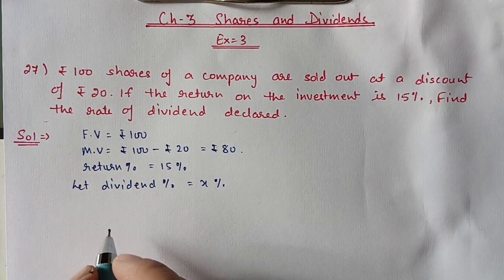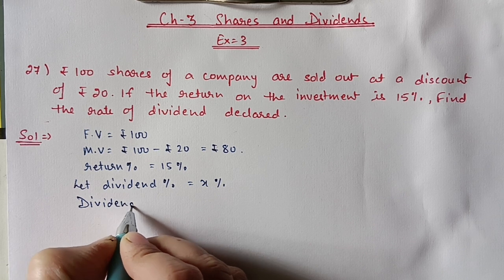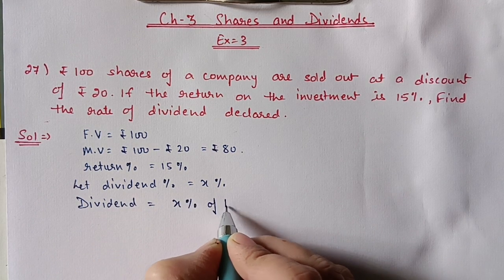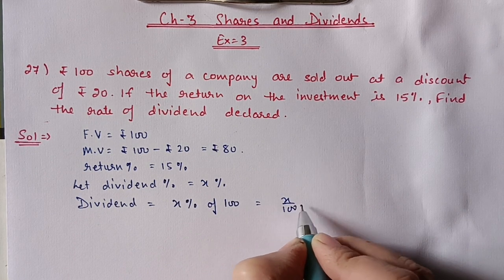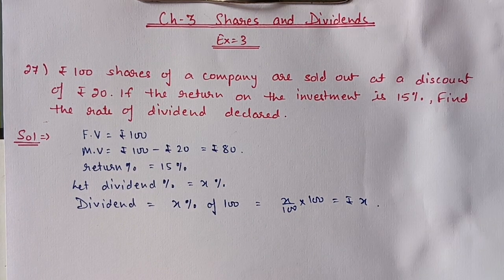So first we will find the dividend. Dividend is equal to X percent of 100 rupees. So it will come X upon 100 into 100, which means X rupees for one share.